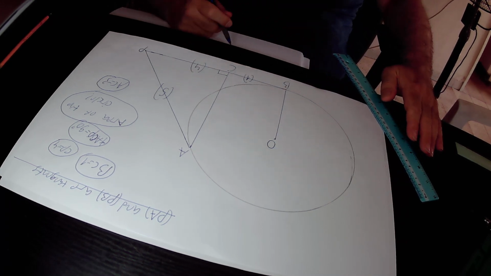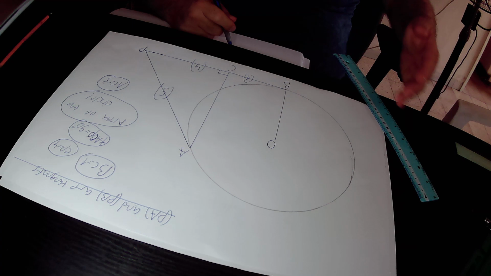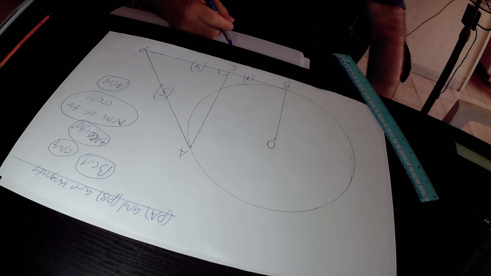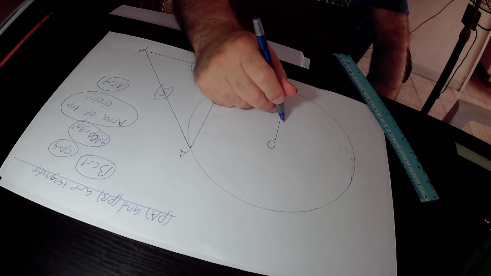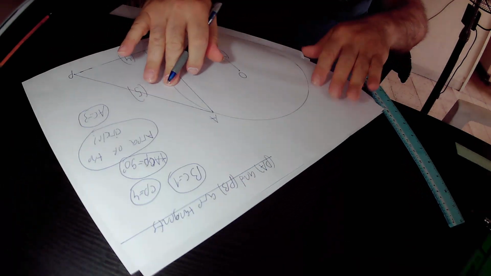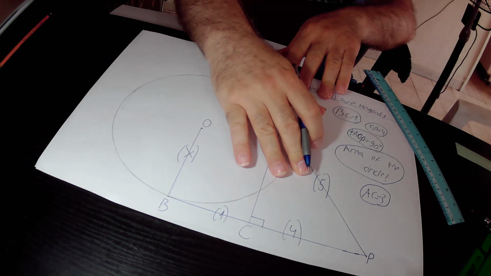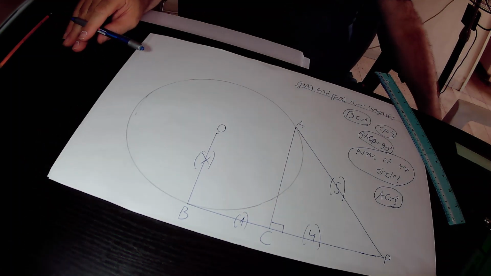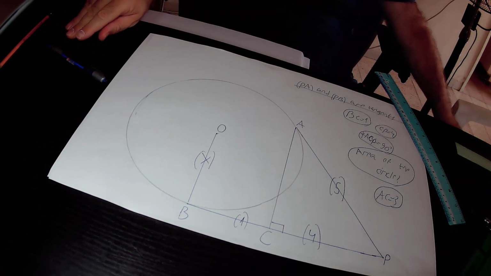OB is of course the radius of this circle, which is equal to x according to our definition. So here we can implement rule 1. I repeat quickly rule 1.